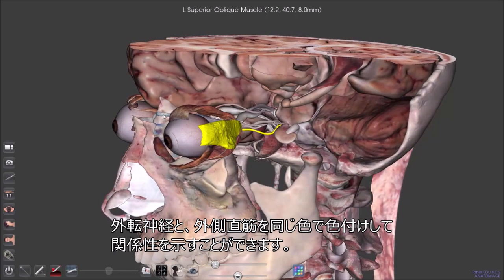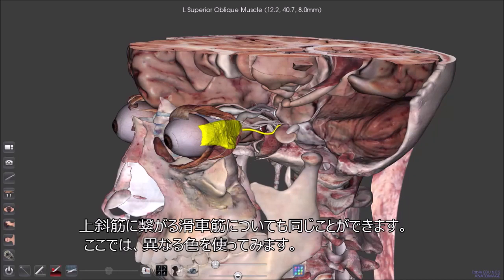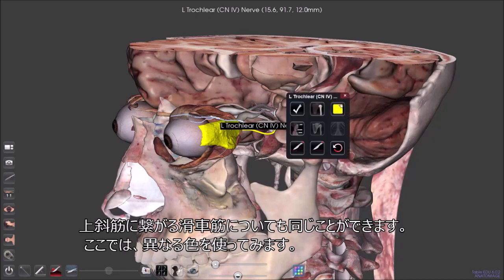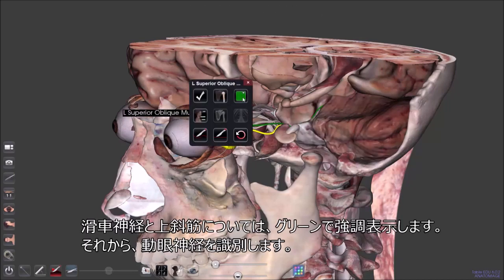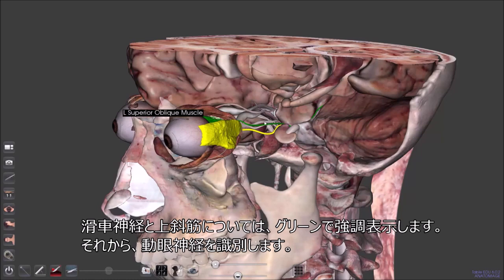And so I'm going to flat color these a different color to indicate that a different nerve is connected to these different points. So now that I have the trochlear up, let's say I'll highlight this one green and the superior oblique green as well. And then I want to distinguish that we are talking about the oculomotor, which innervates the other 6 muscles of the eye.